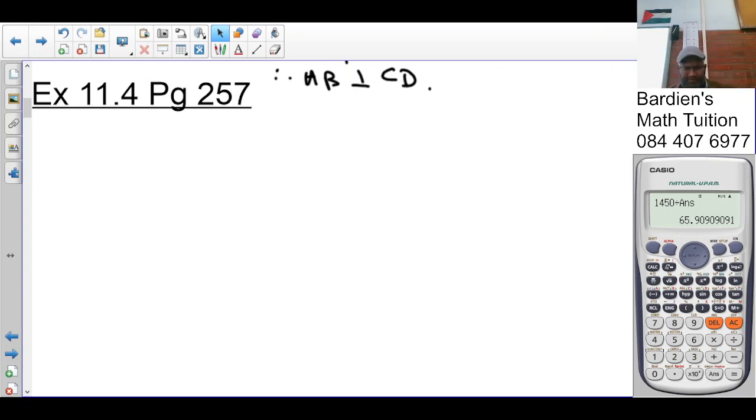Gradients, here we go, 257. We spoke about that example, collinear. This is the one thing we still need to do. And this one, okay. So we're on page 256. Example on page 256.